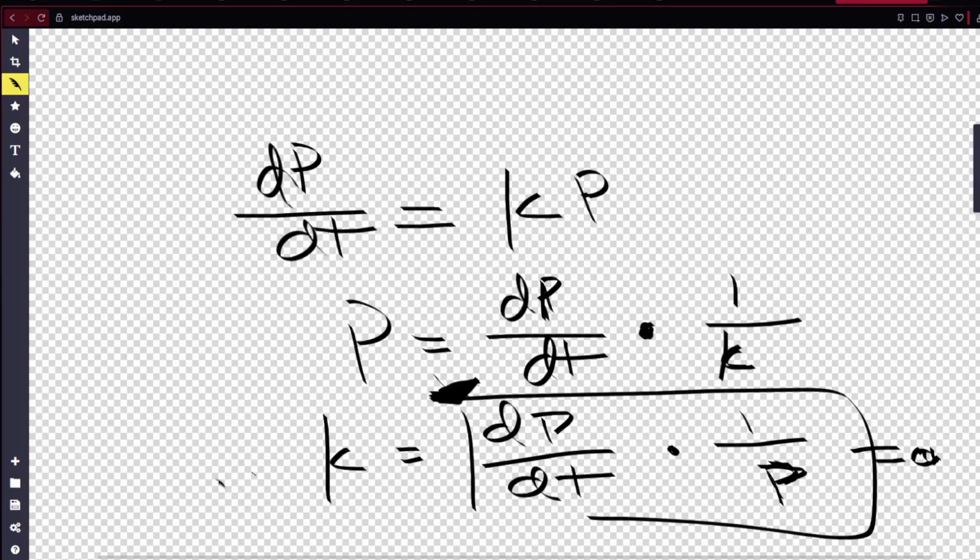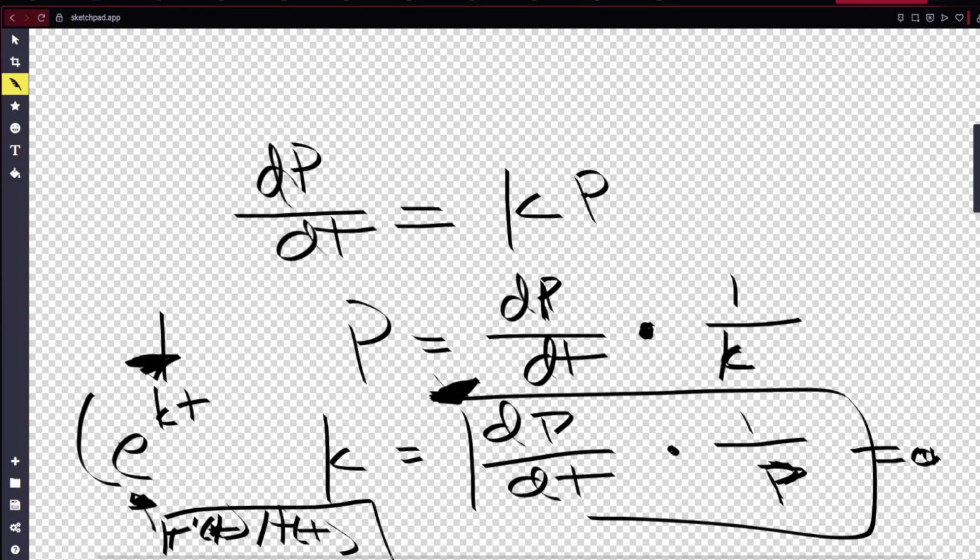And k is equal to the exponent in the form c e to the power of kt. So we'll get into a little bit of expansion here later. But we know that the constant, or this power right here, can just be evaluated by finding the derivative of this function, so f prime of t, divided by its output, so f of t. So that's a pretty easy form to remember, just in case you ever do get lost.